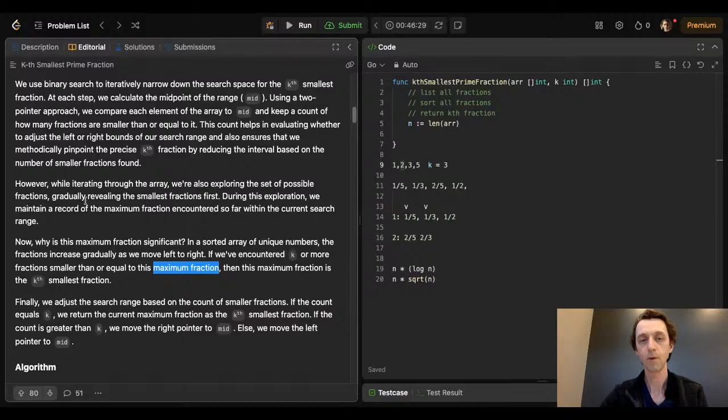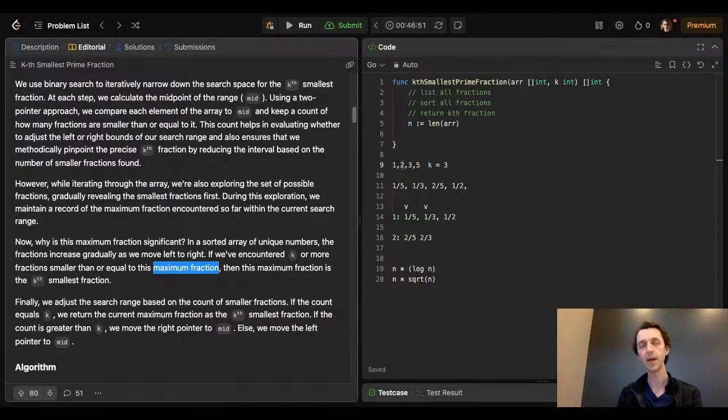Okay, so we're looking at the set of possible fractions, and we're tracking the maximum fraction we've seen so far.